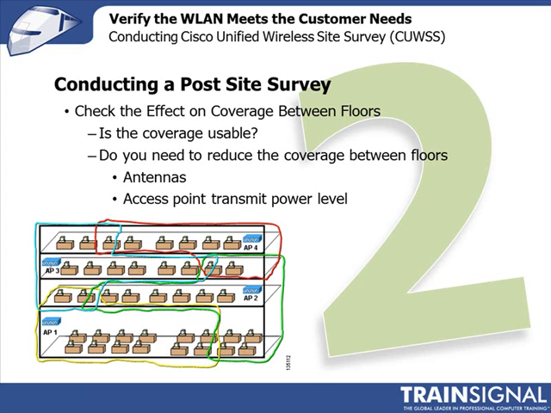And remember, when you're thinking about cell overlap between adjoining access points or cell separation between access points that are on the same channel, those rules should be applied not only on a floor but between floors as well. So make sure you're measuring not only coverage but also co-channel interference when you go between floors.